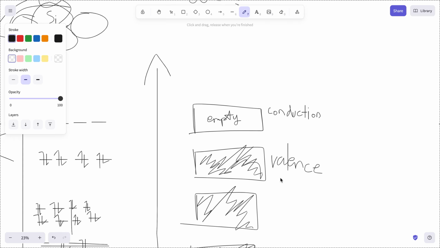In a similar way here, when the electrons are able to cross the valence and reach the conduction band, they're also able to flow freely. And this space in between is called the band gap. It's a very important property for semiconductors.